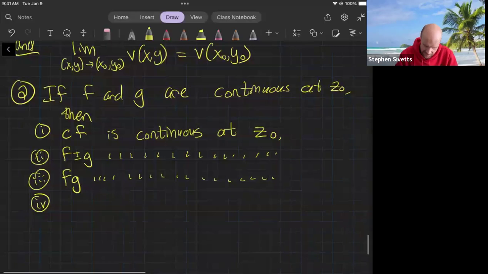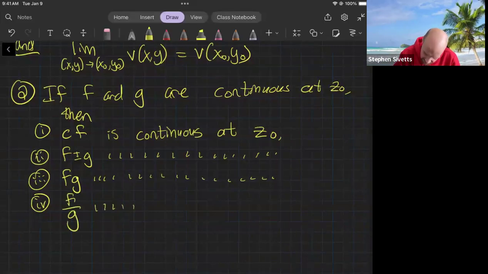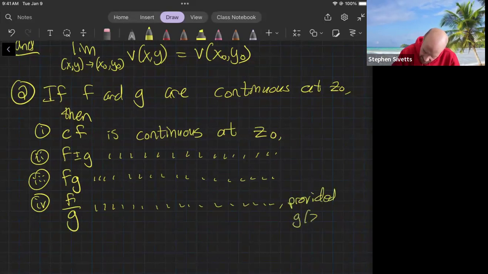Just dropped my pencil. And f divided by g is continuous at z naught, provided that g of z naught is not equal to 0. Okay.